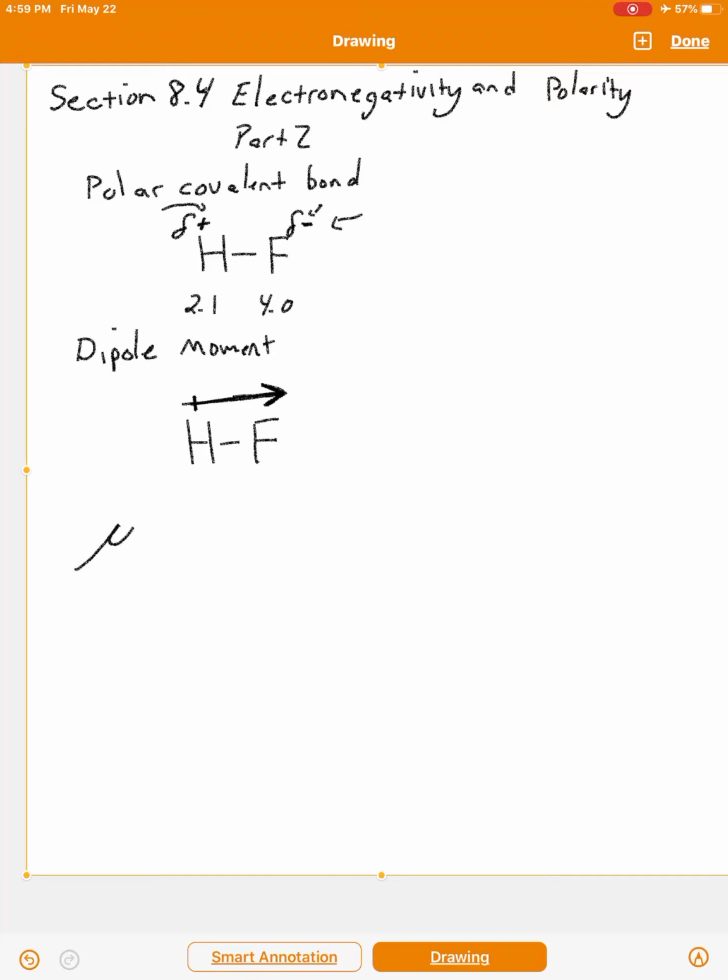For charged particles, okay, the dipole moment mu is calculated by figuring out what the charge on each particle is, and multiplying that by the distance between the particles, r. So Q is electric charge, and r is the distance between the particles.